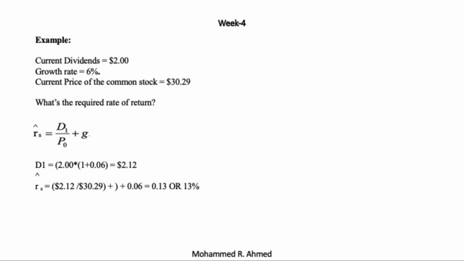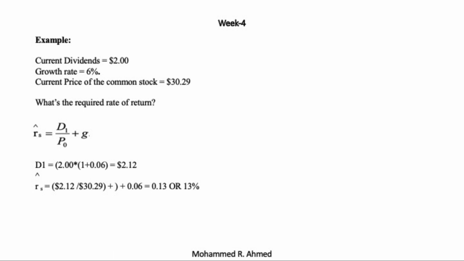But the first step is to compute the dividend for the next period. $2 is the current dividend, and the growth rate is 6%. So when you multiply 2 times 1.06, that will give you the dividend for the next period. The dividend for the next period is $2.12.